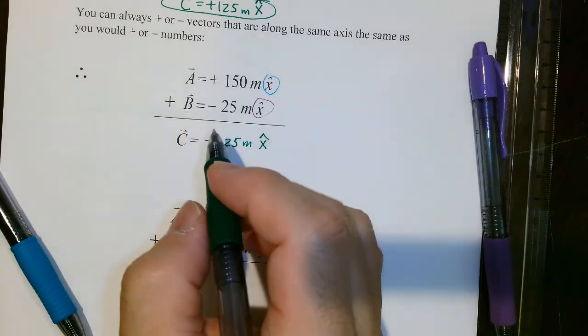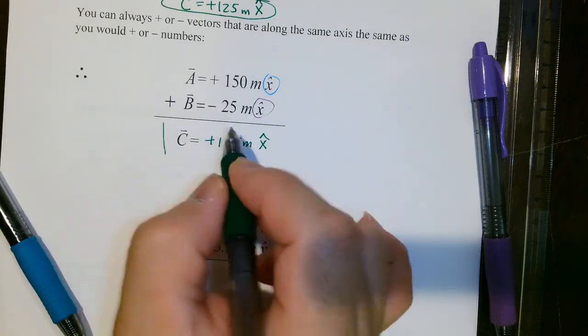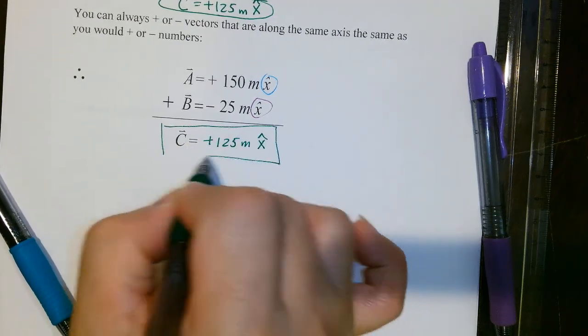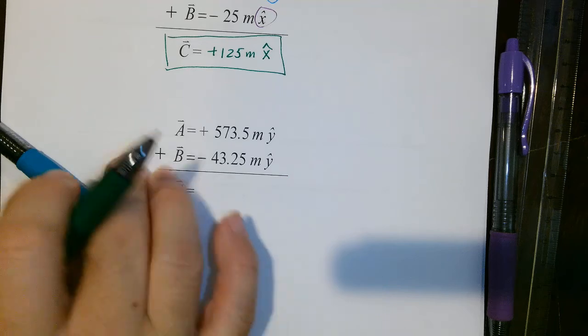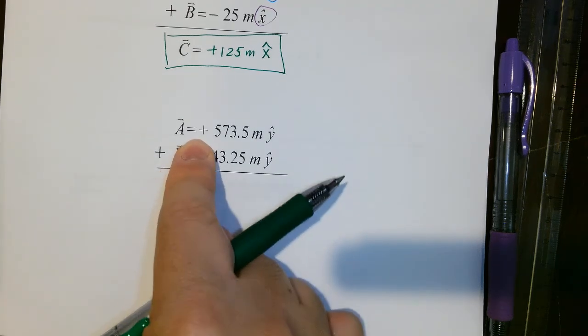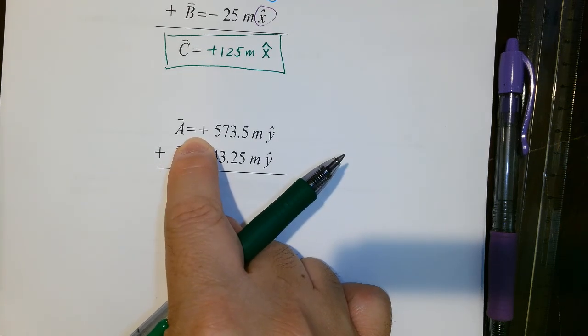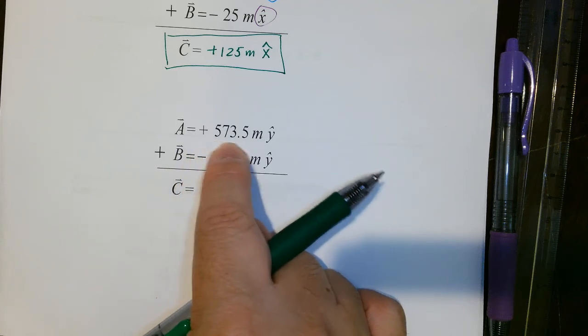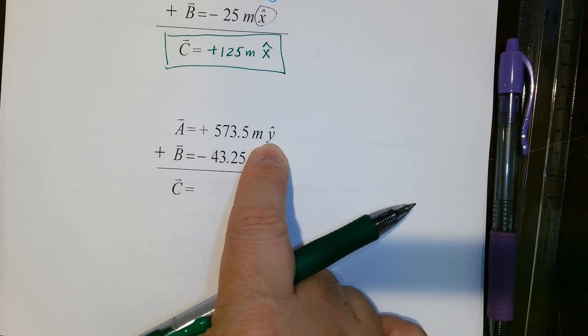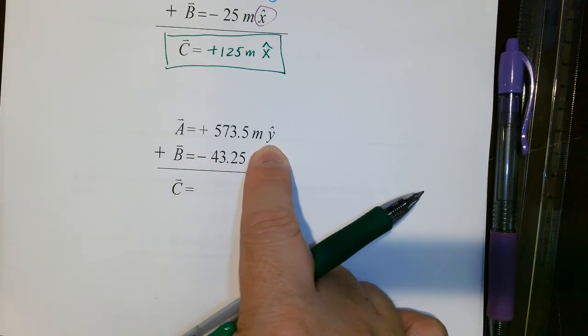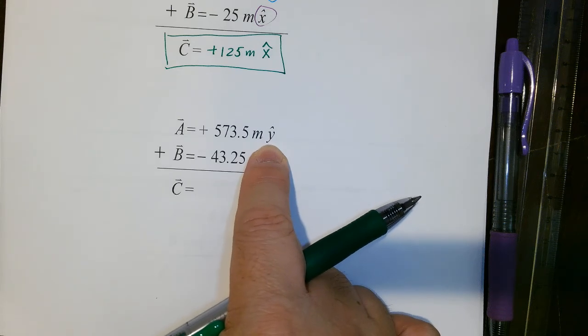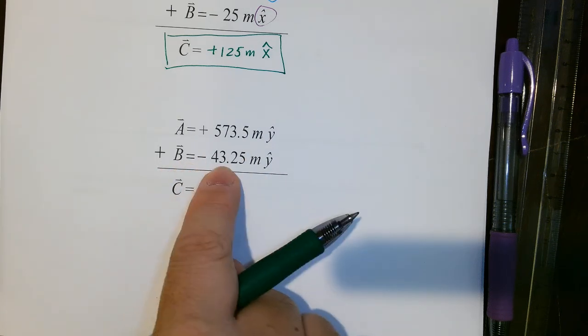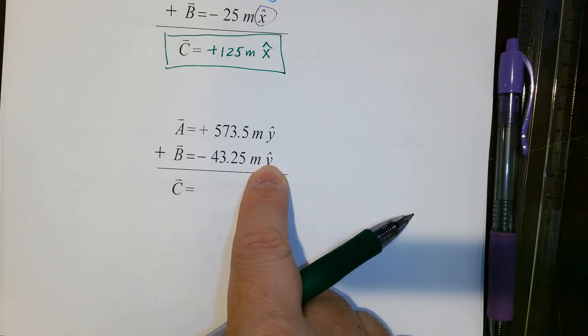If they're not the same, we're in trouble. Here again, I have a vector of positive 573.5 meters y hat. That means this is along the y-axis. And my b vector happens to be negative 43.25 meters y hat.